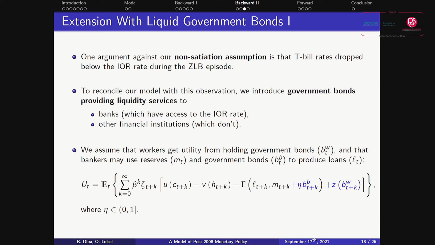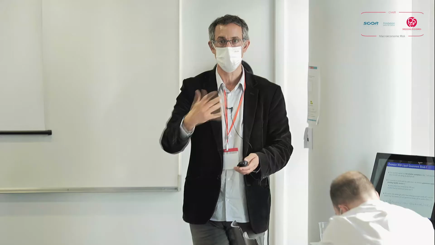The difference being that banks have access to the IOR rates, to bank reserves, while other financial institutions don't have access to reserves. So in practice, we assume that workers get utility from holding government bonds. That's this term here in the utility function. That is a shortcut again to capture the role of pension funds that hold government bonds on behalf of workers.